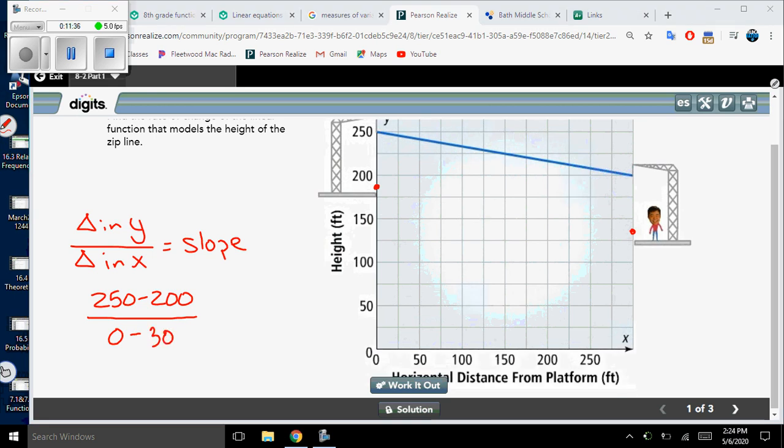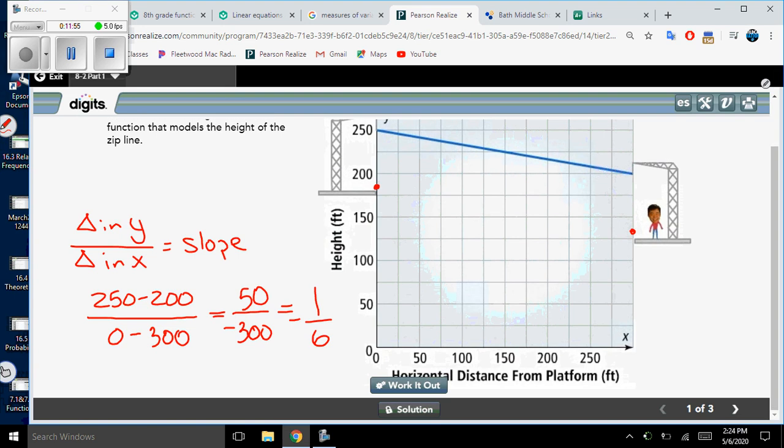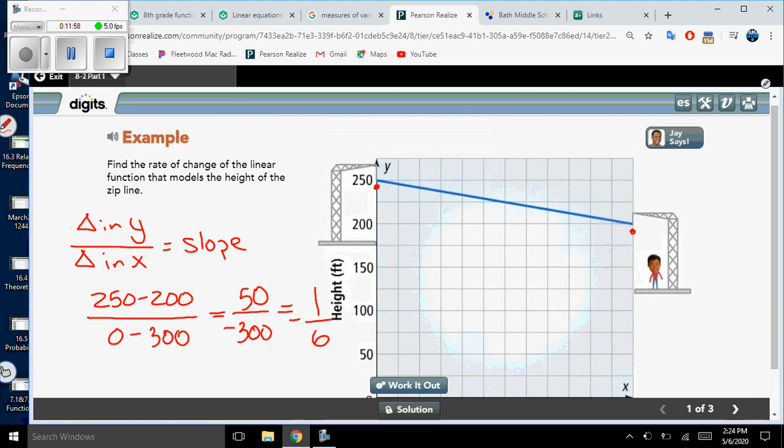So if we did it this way, we would come up with 50 over negative 300. And again, one of the big things you're going to miss here is the sign. So make sure that you're paying attention to signs. And so your final answer here should be negative 1/6. Okay, negative 1/6 then represents the rate of change of the linear function in this situation.